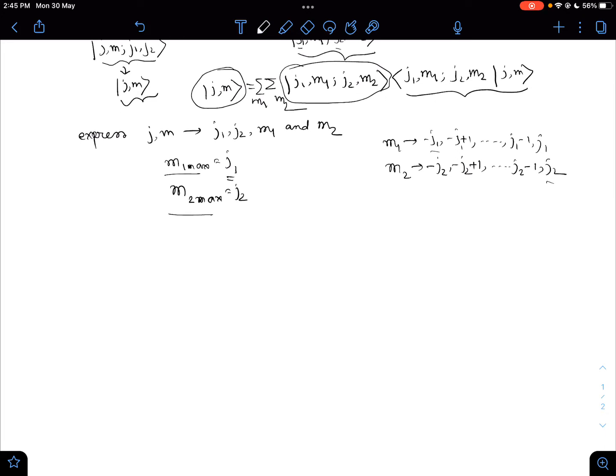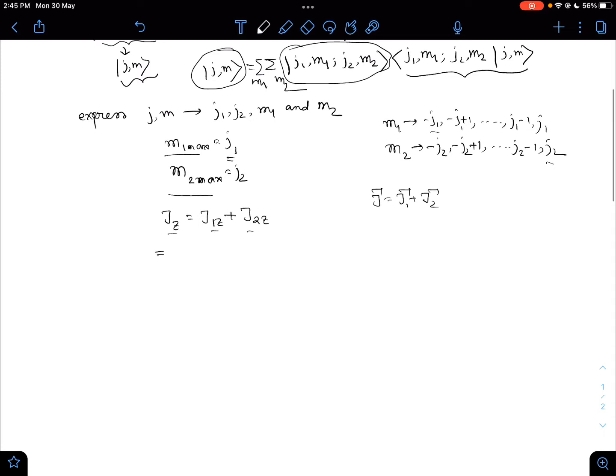We also know that jz is the summation of j1z plus j2z, because j is j1 plus j2, so the z components add up. So we can write that the jz eigenvalue is m, and we have m1 and m2.